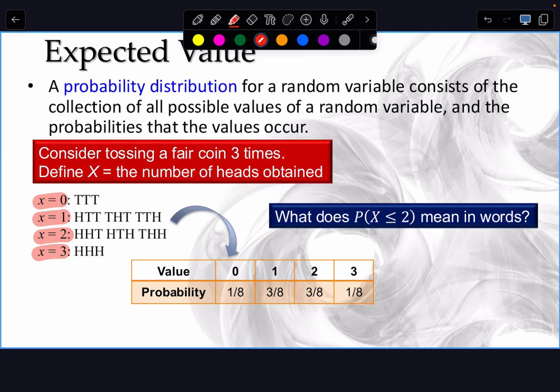With these random variables then, there's lots of different things we can do. So one thing we can calculate or work with as far as the random variable is concerned is calculating probabilities. Now when we're dealing with these random variables, it's important to know what the notation is asking us. So when we look at this question here, what does that notation, P of X less than or equal to 2, mean in the context of this problem?